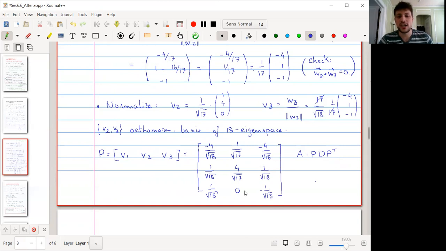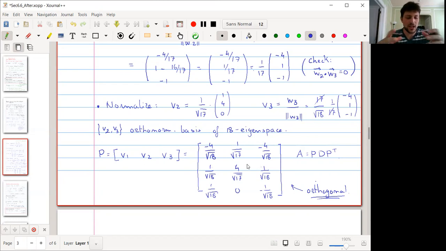I encourage you to check that this matrix is in fact orthogonal. But it should be right. I mean, it will come out of the computations that we did in this example up here. So that's the conclusion of the example.